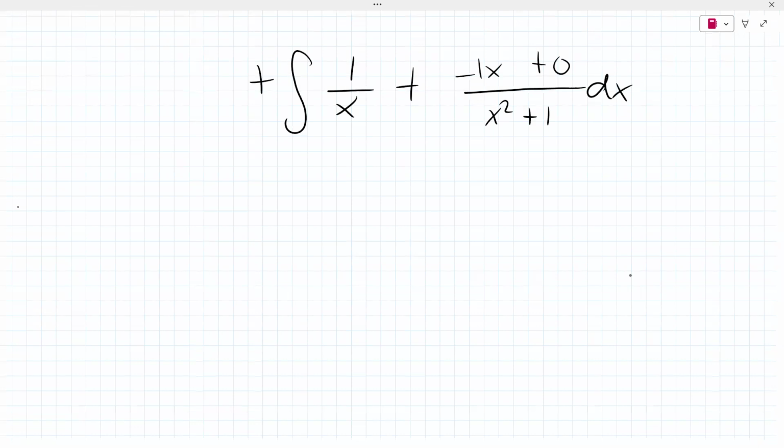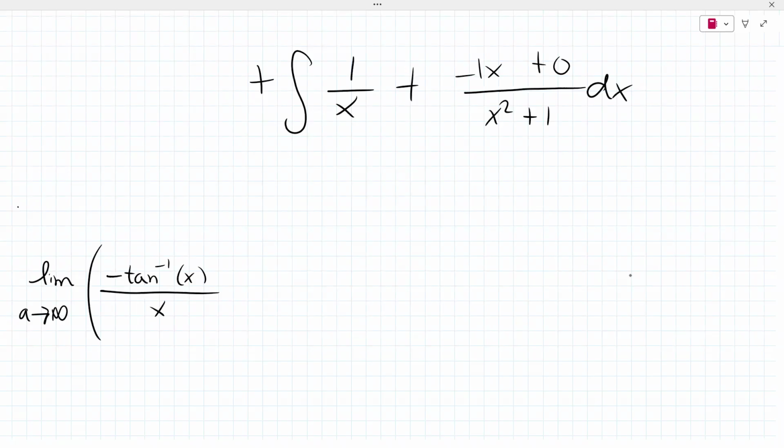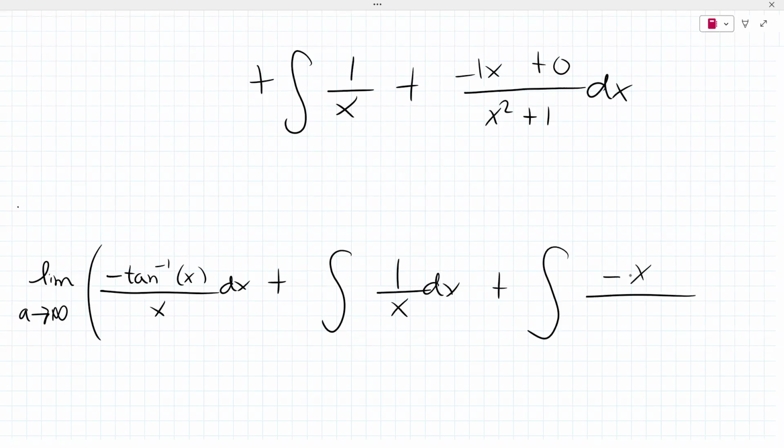So you're going to set it up as this. Negative tan inverse of x over x dx plus the integration of 1 over x dx plus the integration of negative x over 1 plus x squared dx, right?